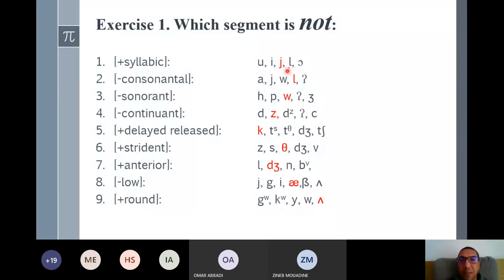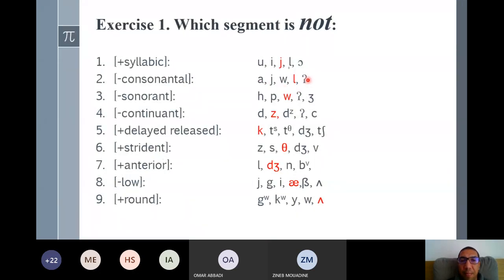But y is minus syllabic. Number two, all these segments are minus consonantal, except for l. L is plus consonantal.